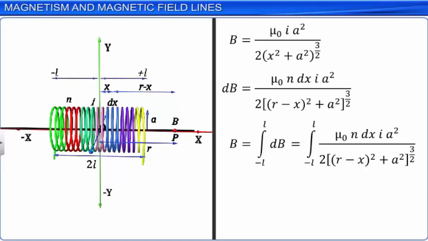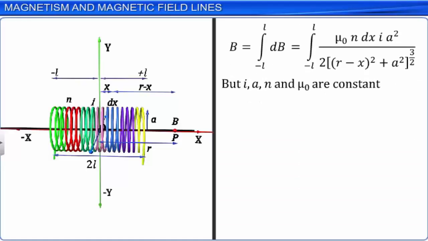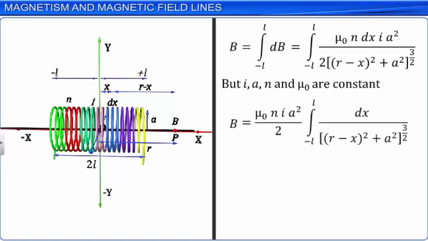But I, A, n and mu naught are constant. Hence, the magnetic induction B is equal to mu naught n I A square by 2 into integral -L to L dx by (R minus x) square plus A square whole power 3 by 2.